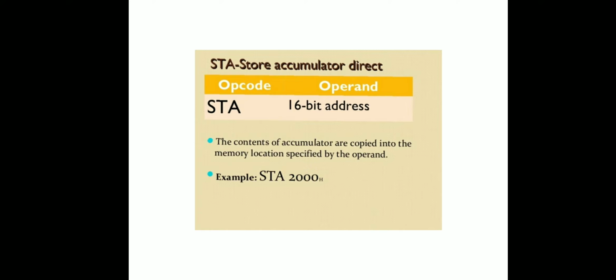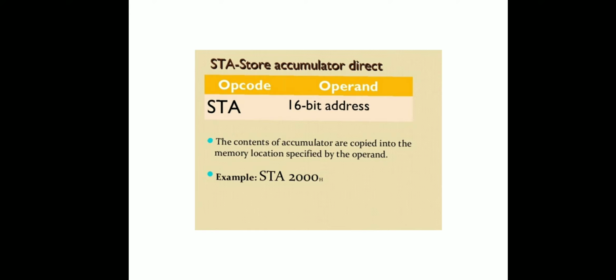STA. Here we store the data of the accumulator to the memory location specified by the operand. So, the content of the accumulator is copied into the memory location specified by the operand, STA 2000H.